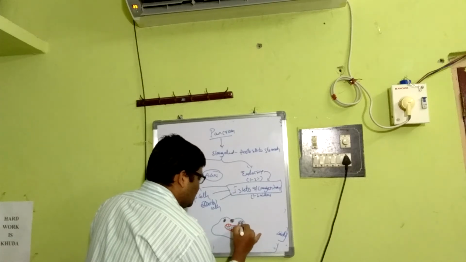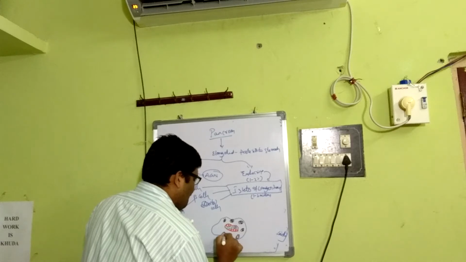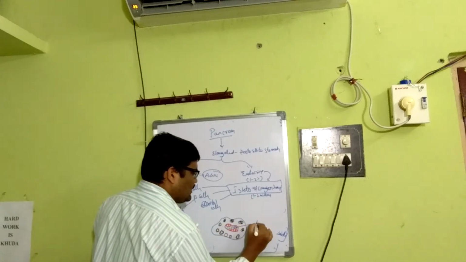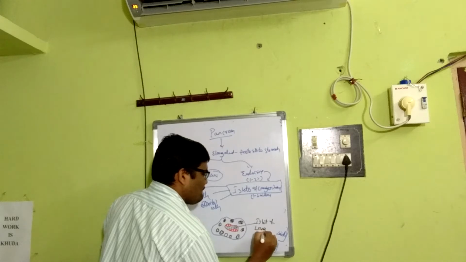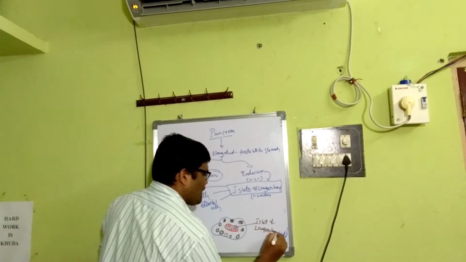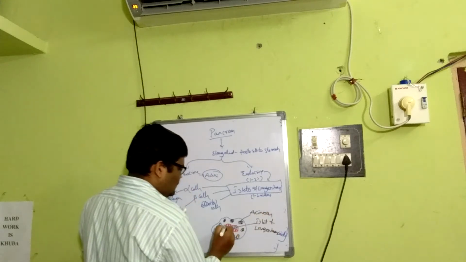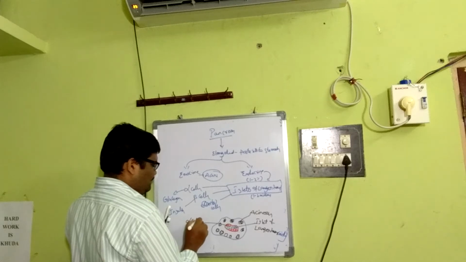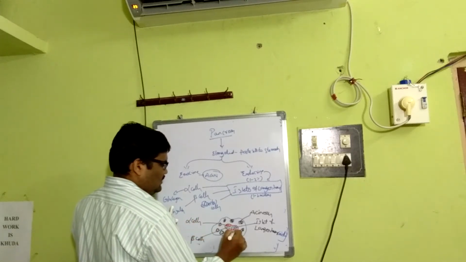This is a bit of a sketch I am giving. This will be the acinus, then this is the islet of Langerhans, and this is the acinus. For differentiation, this is the alpha cells, the green one the beta cells, and the delta cells.